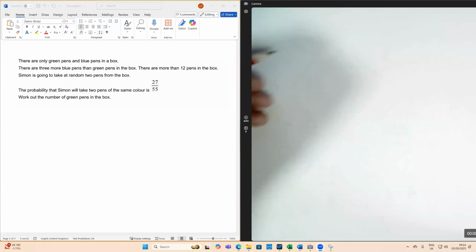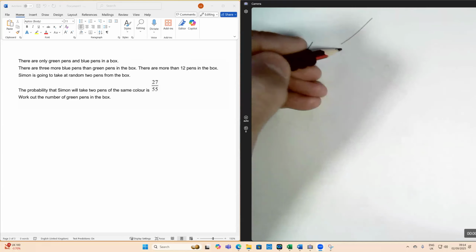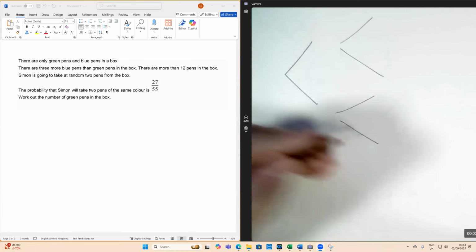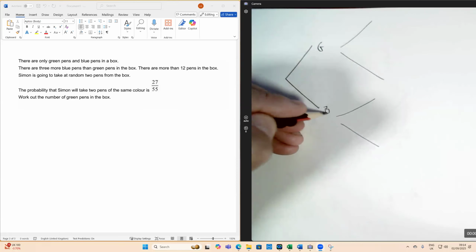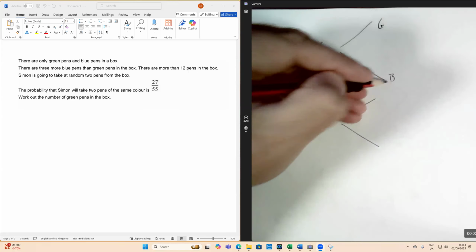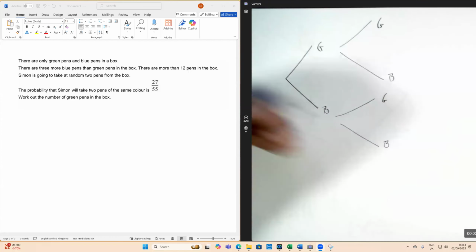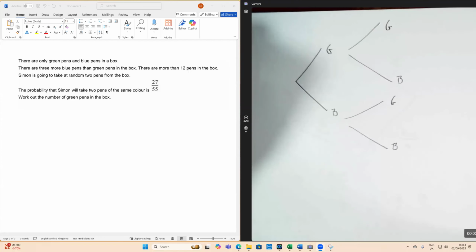So step 1 is let's get our tree diagram going in order to represent the situation. What have we got in our box? We've got green pens and blue pens. So green and blue, green and blue. Now, we've got to write down a probability.